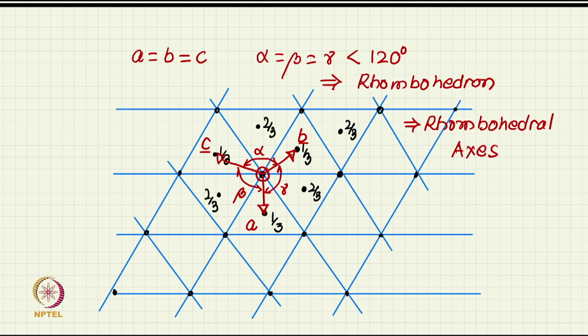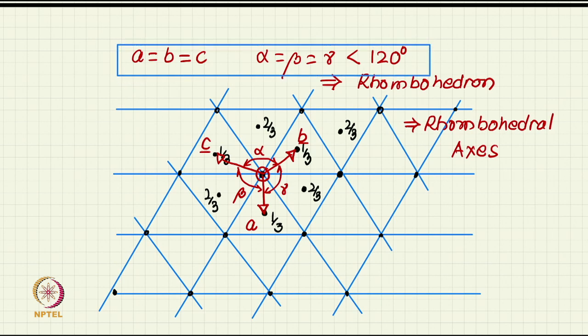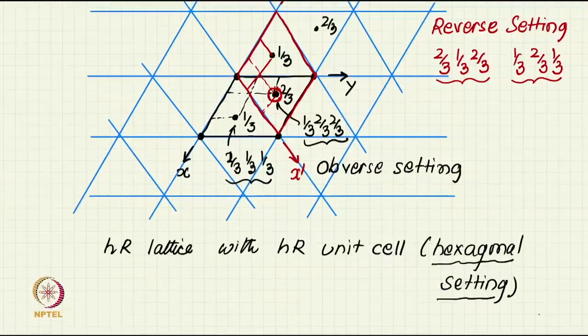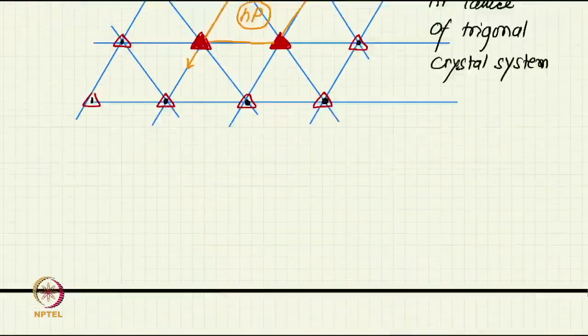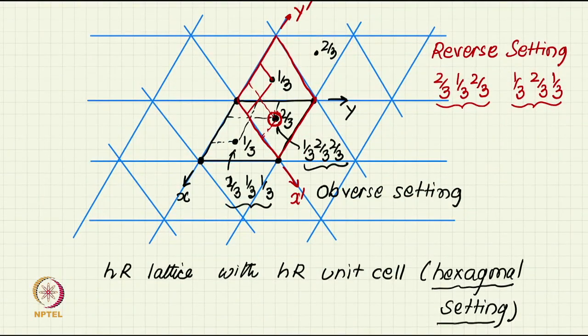And quite often in many textbooks you will find this unit cell as the definition of the trigonal lattice, but you can see that this is only one of the possible choices for one of the possible types of lattices. So, 2 lattices, hexagonal P lattice and hexagonal R lattice.